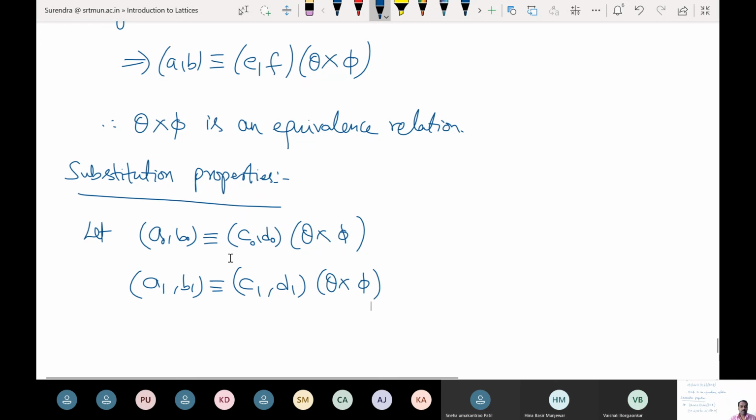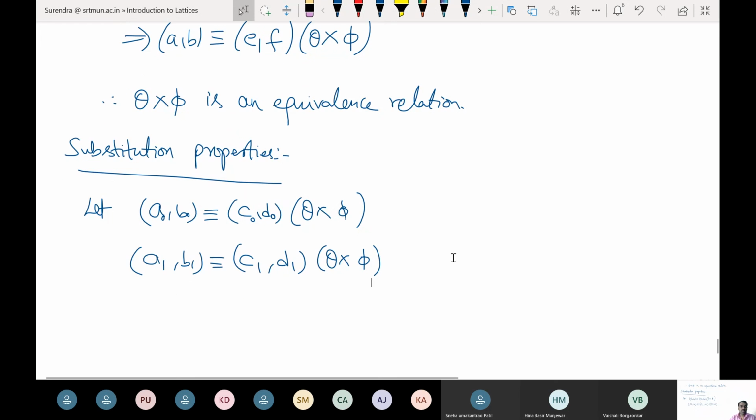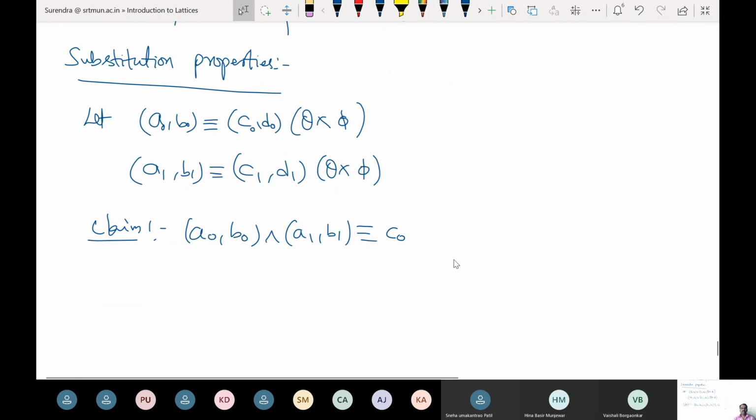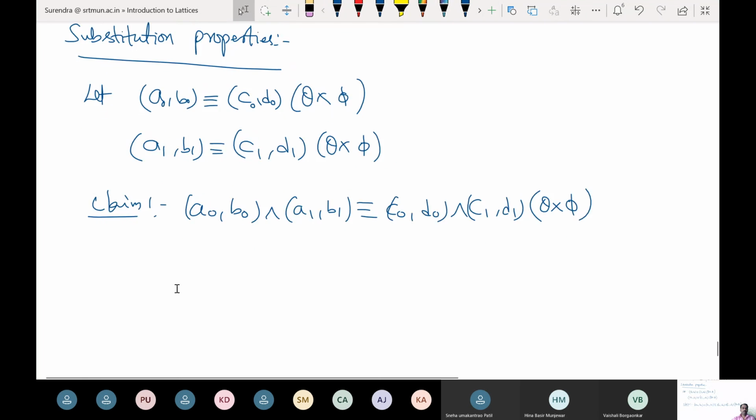To show the substitution property is true, what do we want to show? Our claim is that (a0, b0) meet (a1, b1) should be congruent to (c0, d0) meet (c1, d1), with respect to theta cross phi. How will we prove that?